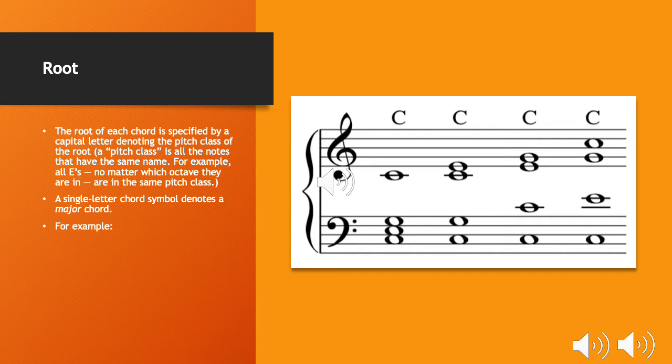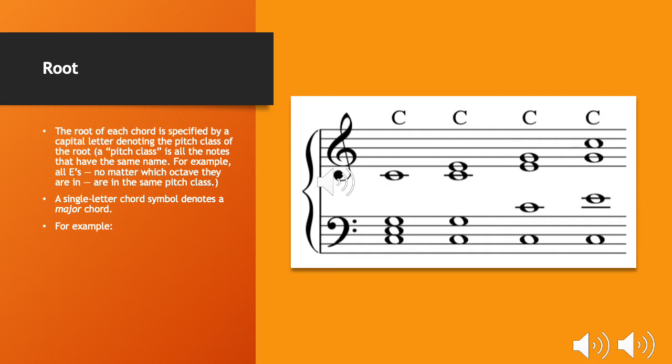Root. The root of each chord is specified by a capital letter denoting the same pitch class of the root. A pitch class is all the notes that have the same name. For example, all E's, no matter which octave they're in, are in the same pitch class. A single-lettered chord symbol denotes a major chord.